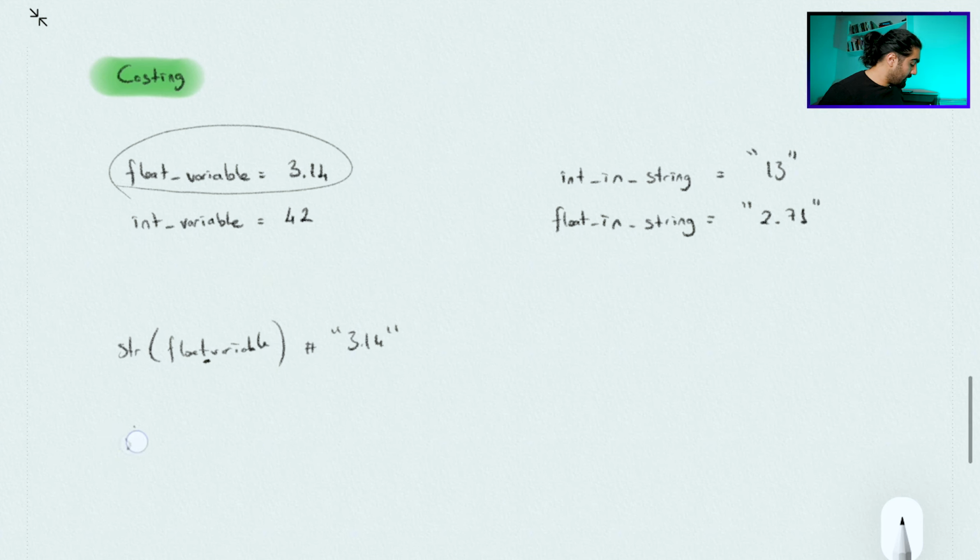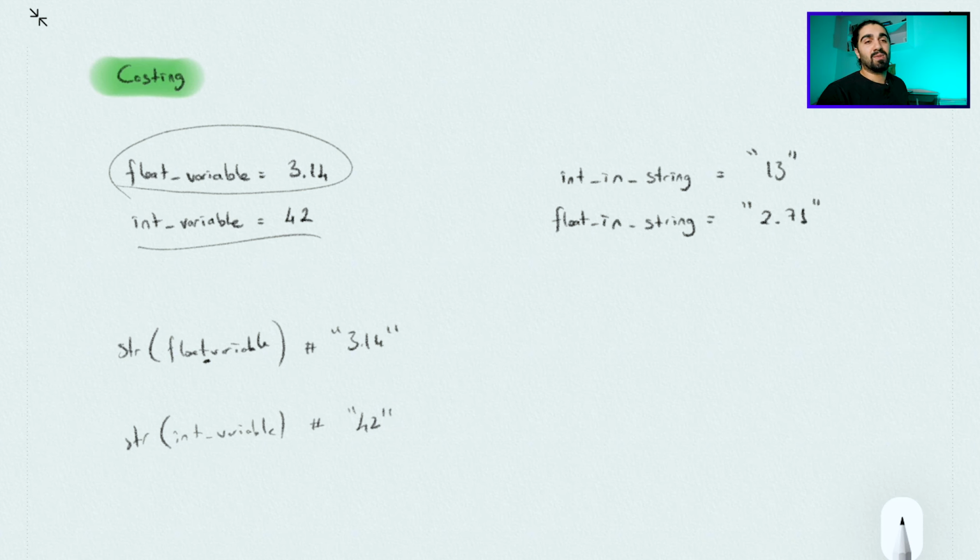You could do the same thing with this int variable as well. Let's say int_variable, and in this one we will get a result something like this. This is not an integer anymore. This is a number in a string, which is a string. And you could also do the reverse: if a number is in a string, you can convert it to an integer or float as well. To be able to do this, you will use a function, let's say int here.